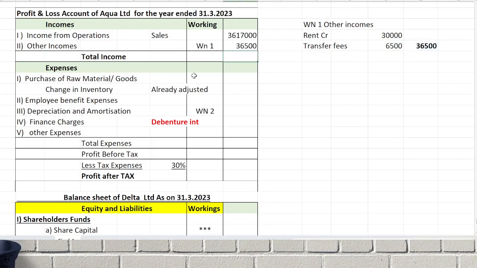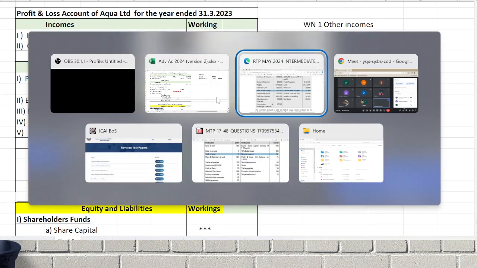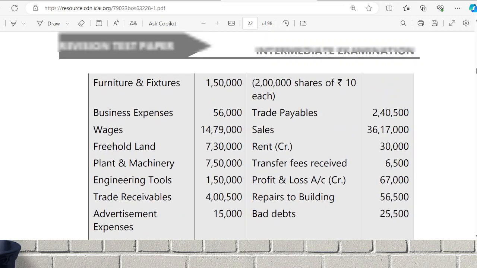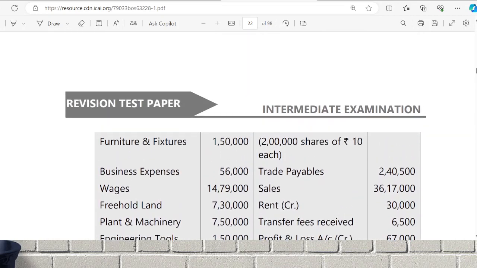What is the next one? Purchase of raw material or goods are directly given. What is given? 12 lakh 32,500.